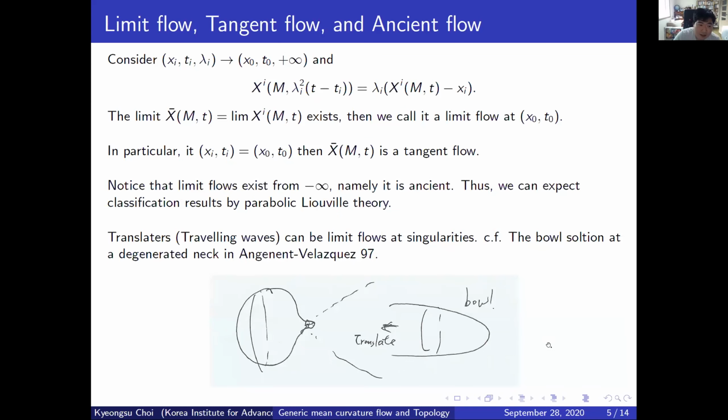Okay, then. Rather than just the rescaled mean curvature flow, I would like to introduce some limit flow, tangent flow, and ancient flow to analyze the singularity. So again, let me consider that (x_0, t_0) is a singularity.